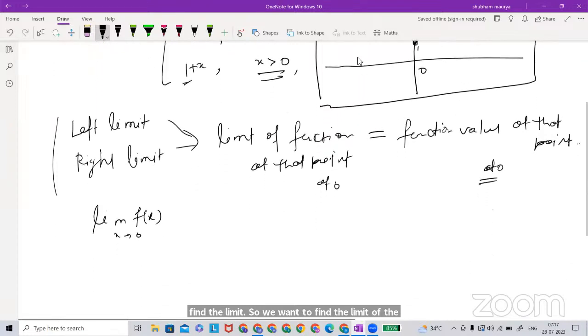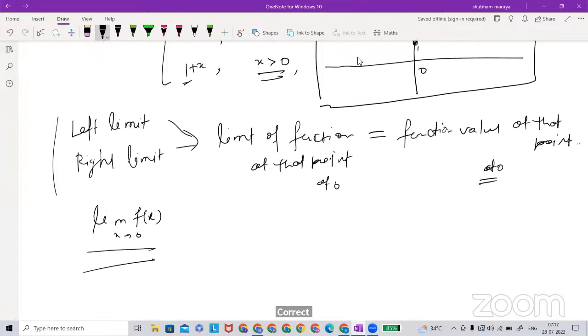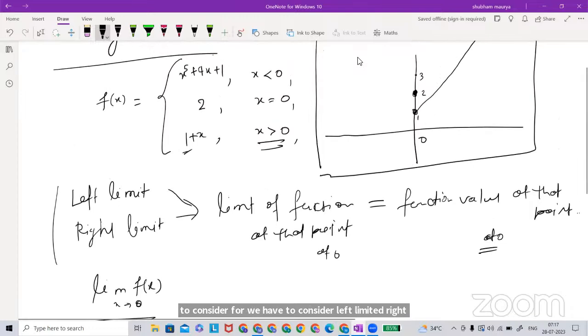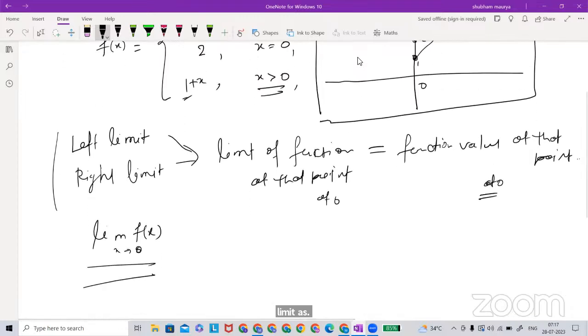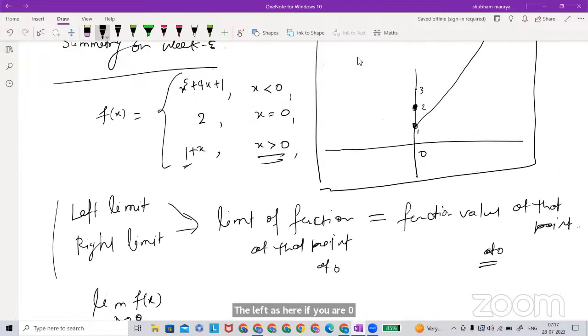But this function is divided stepwise at exactly 0. That's why we have to consider the left limit and the right limit. If 0 is here, there are two ways to approach 0, left side and right side.